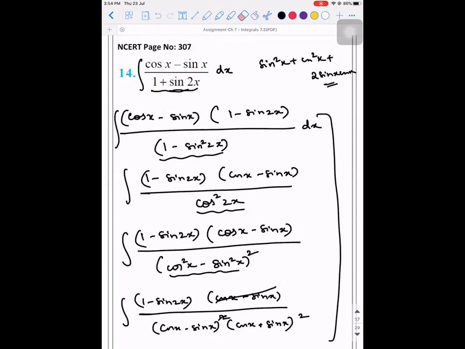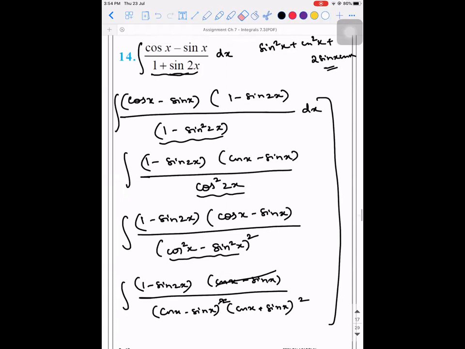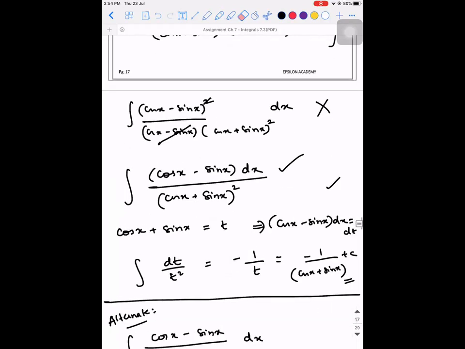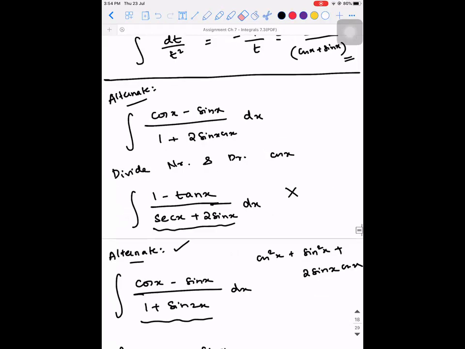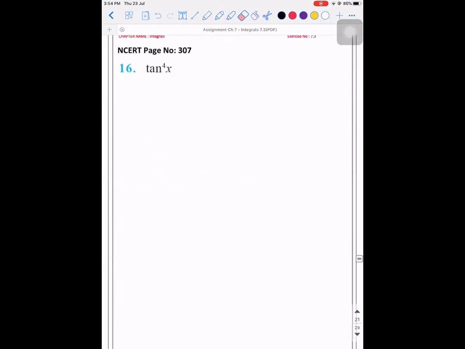So others can try the next problem. Integral of tan power 4x dx. So how can we proceed? We can write it as tan square x into tan square x dx.